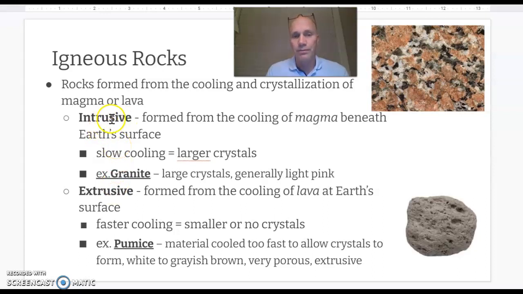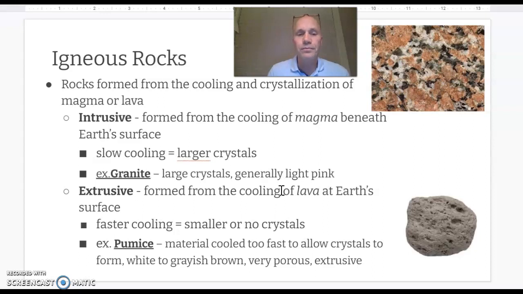An intrusive igneous rock is formed whenever melted rock solidifies underneath the surface of the Earth, and because it's melted rock underneath the surface, we would call that magma. By contrast, an extrusive igneous rock is one that's formed when lava on the surface of the Earth cools and makes a rock.